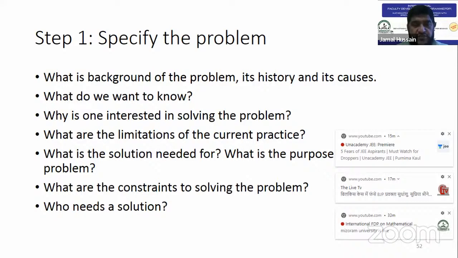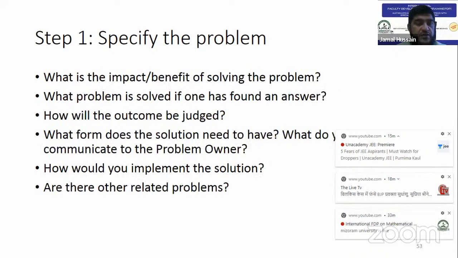Why is one interested in solving the problem? What are the limitations of the current practice? What is the solution needed for? What is the purpose of the problem? What are the constraints to solving the problem? And then what is the solution? So these are some of the questions one should consider.